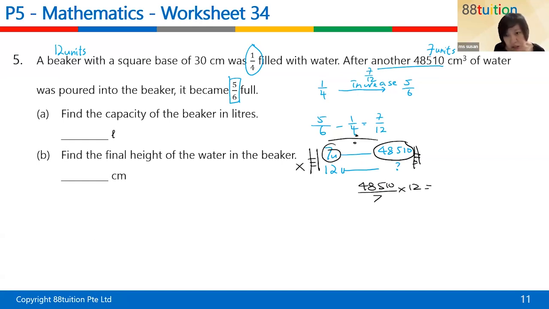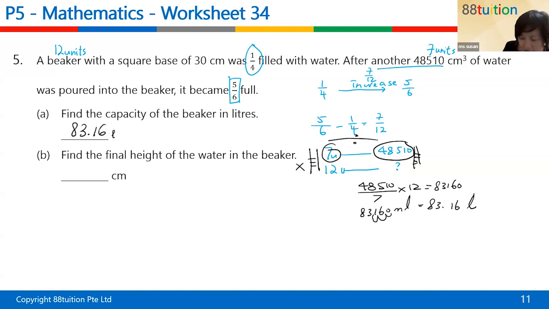And I should get 83,160 ml. Okay? So I'm going to convert this ml into liters. So 1, 2, 3, divide by 1,000. So I get 83.16 liters.